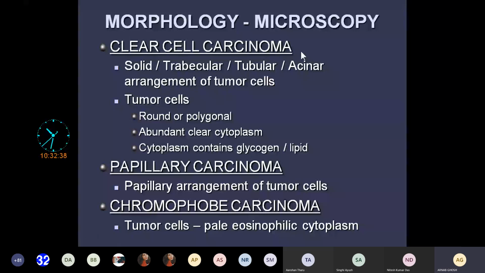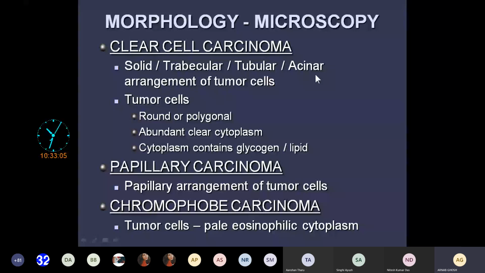80%. Okay. And here, as we said, it is adenocarcinoma. So these tumor cells will form solid pattern or trabecular pattern or tubular pattern or acinar pattern. Okay. So these are all different patterns of adenocarcinoma. So solid, trabecular, tubular, or acinar.